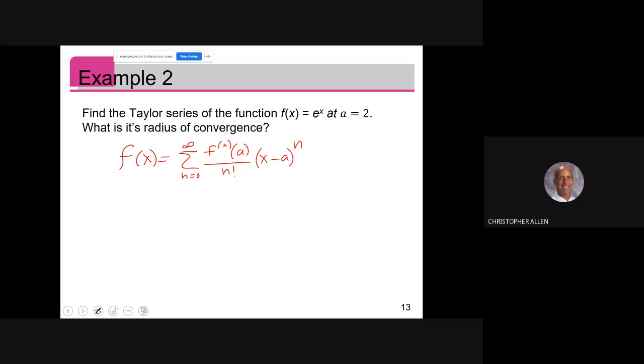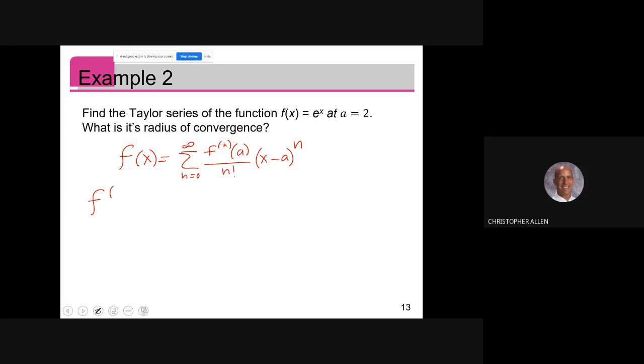Okay, if you're still working, I want to kind of take over here because you shouldn't be working too much right at this point. What are you noticing every time you take the derivative of e to the x? What's its derivative? It's always e to the x. So this is the formula I gave you a couple of slides ago. So here's my question.